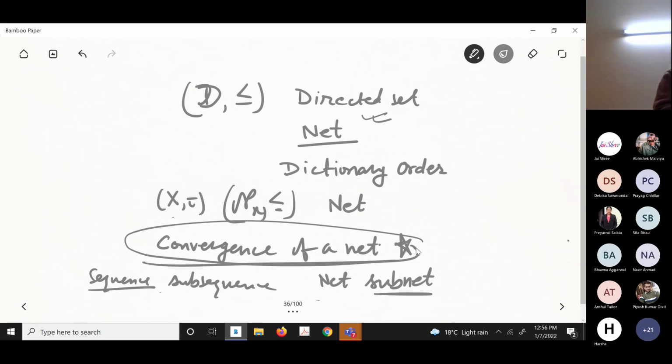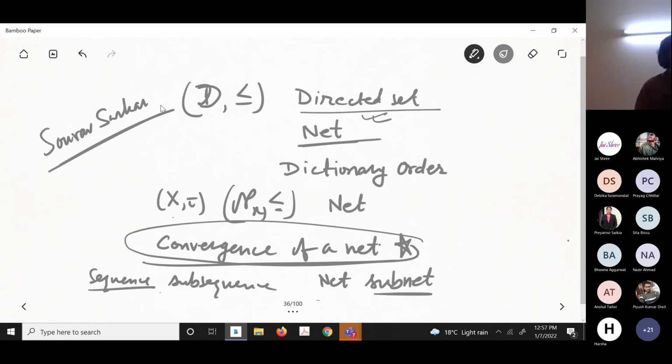So next time I will talk about nets. In between, you study directed set, net, and also I think already you have been fixed with, but again you can talk with Saurabh. I think you have the tutorial. Okay, Saurabh has given already fixed two groups.